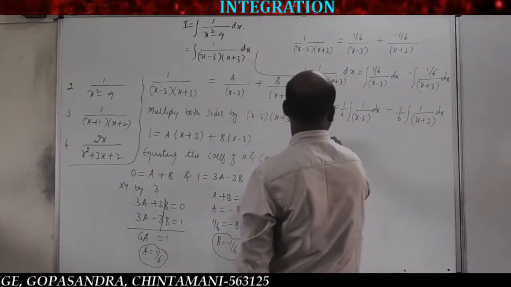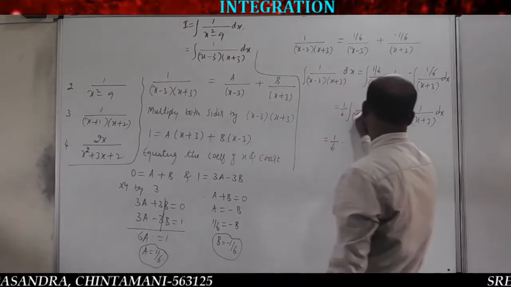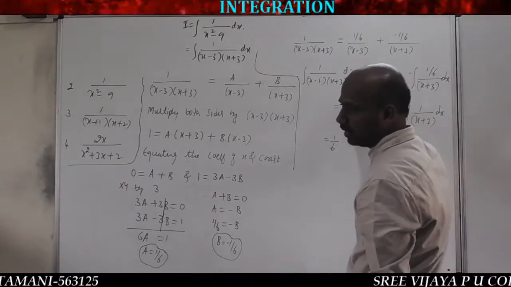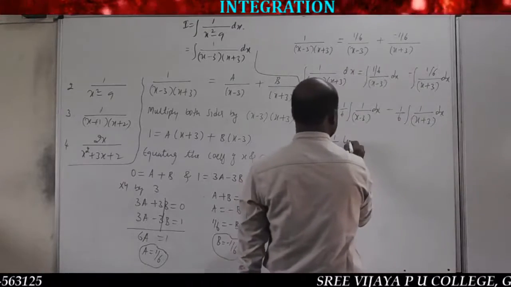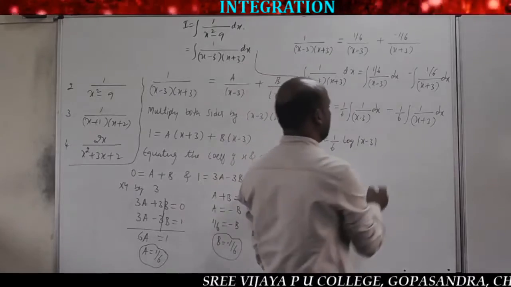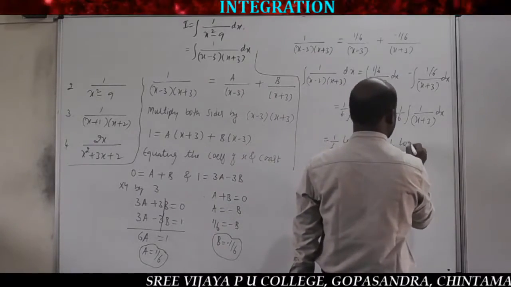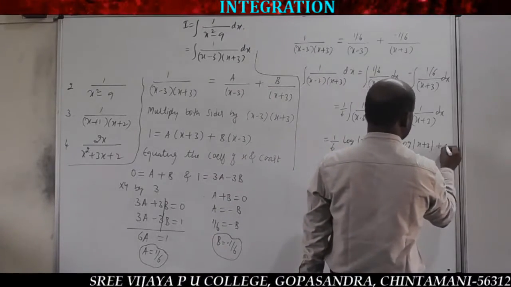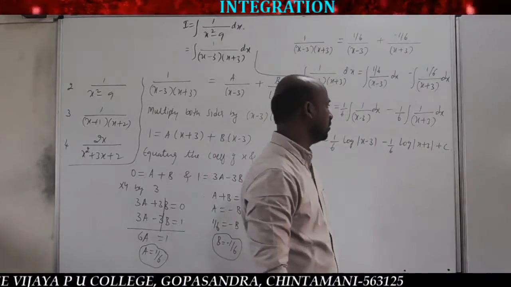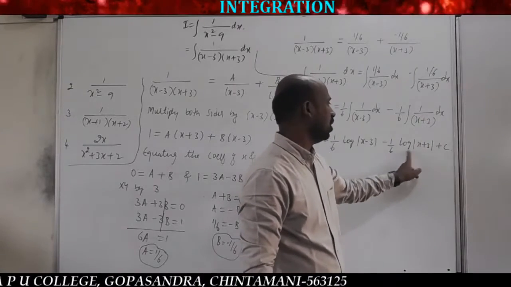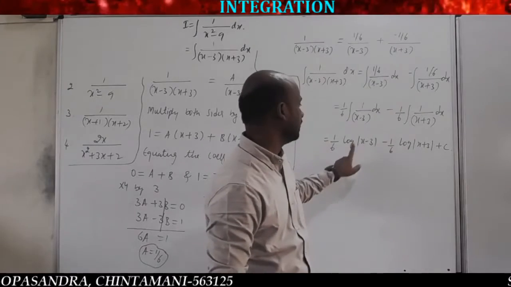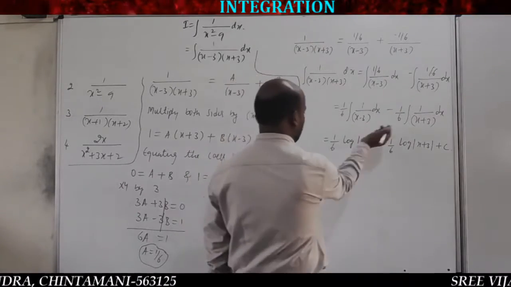So this is 1/6. Differentiation of x minus 3 is 1, so it is f dash of x by f of x. So this is 1/6 log modulus of x minus 3 minus 1/6 log modulus of x plus 3 plus integral constant c. Differentiation of x plus 3 is 1, again f dash of x by f of x, log modulus of f of x.